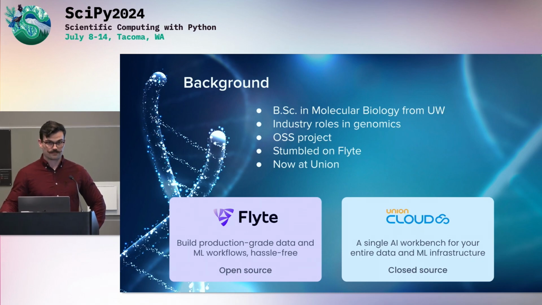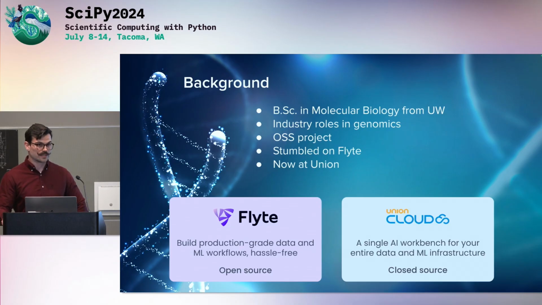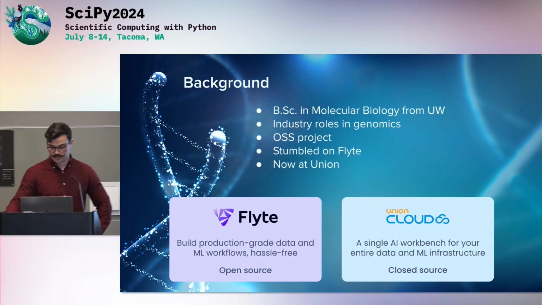It lets you declare infrastructure right alongside your task and workflow code. And finally, it abstracts the data persistence layer so you don't have to worry about your data flow. Finally, from Flyte, I went to Union, the company where I now work that maintains the Flyte open source project as well as the community.